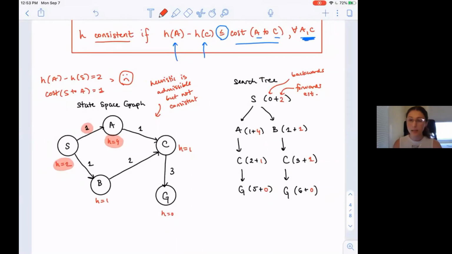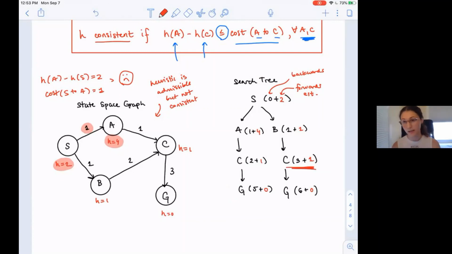Now, because A star tree search doesn't keep a closed list, as you run it, it's going to first visit this C, but then also revisit this node C later and find its way to the goal, which is the lowest cost path to the goal. Unfortunately, because A star graph search keeps that closed list, it's going to find its way first to this C node on the very right.